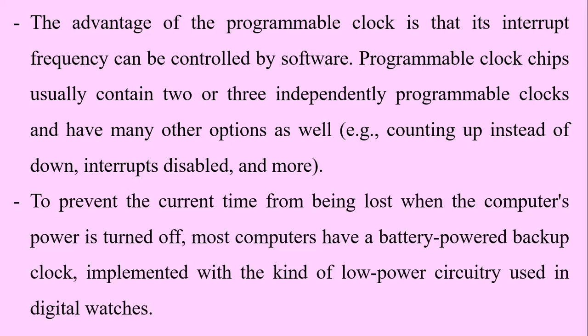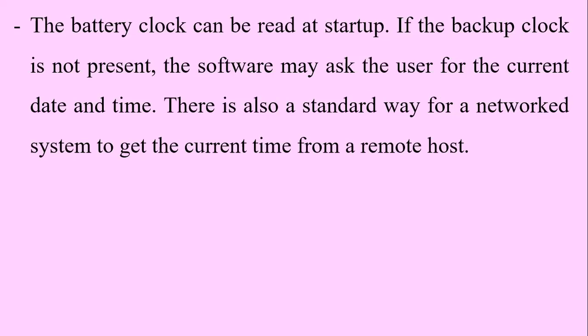To prevent the current time from being lost when the computer's power is turned off, most computers have a battery-powered backup clock that is implemented with the kind of low power circuitry that is used in digital watches. The battery clock can be read at startup. If the backup clock is not present, the software may ask the user for the current date and time.